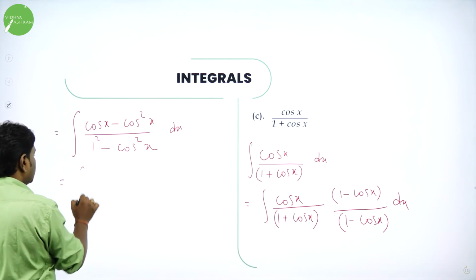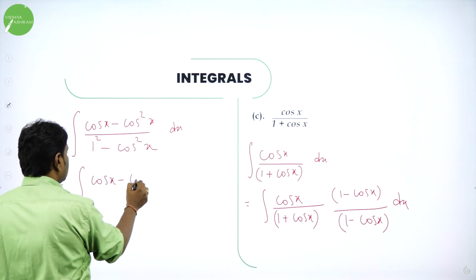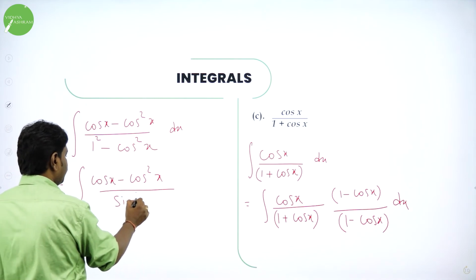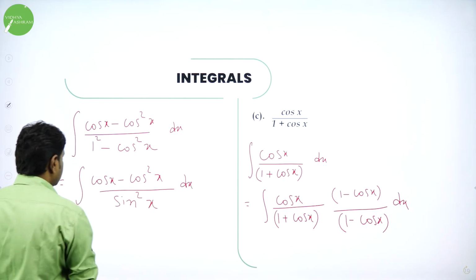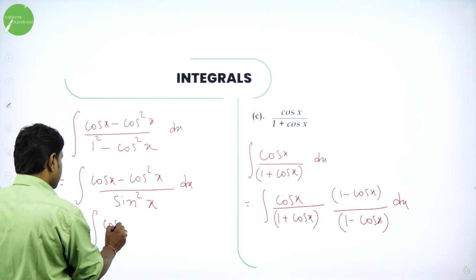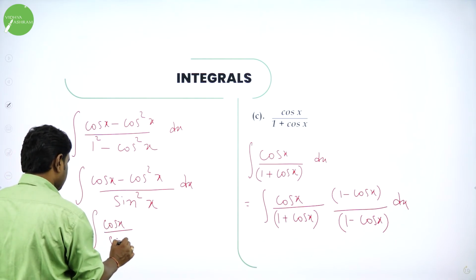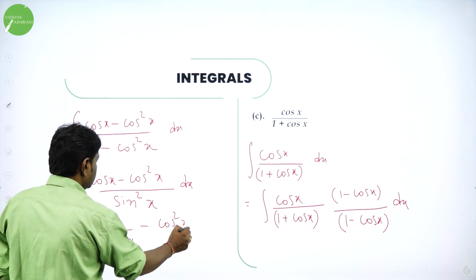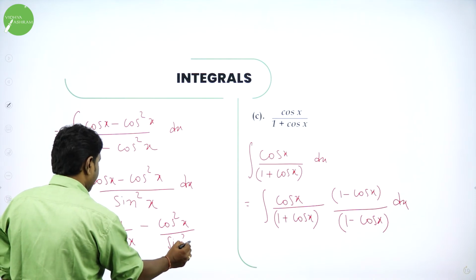Further split this. It will become cos x minus cos square x divided by 1 minus cos square x, which is sin square x. We are using the identity. Further split this, it will become cos x by sin square x minus cos square x by sin square x.